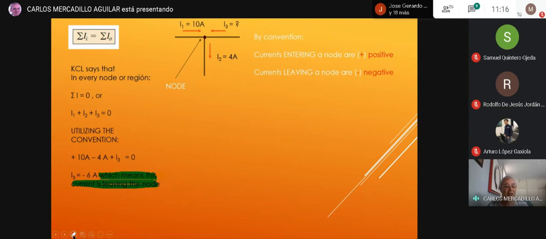So let's do the analysis, which is very simple. Here, this is I1, incoming to the node. We put a positive sign here.